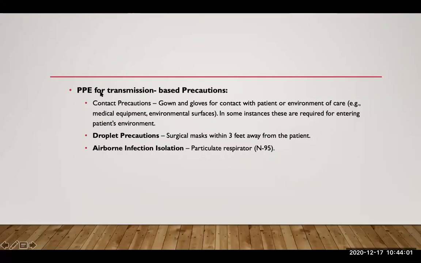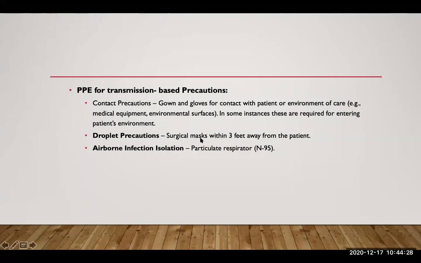So PPE can protect from most types of infections which can be caused by contact, droplet or airborne transmission. When we are in contact with an infectious person, by wearing gloves and gowns we are protected, and the patient is also protected from our types of infection or from the environment.